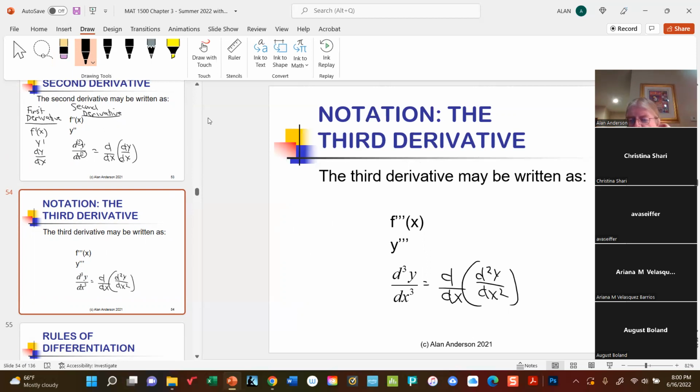You're just applying the derivative again to the second derivative, or if you really want to get carried away, and so on. That's it. That's what you're doing.